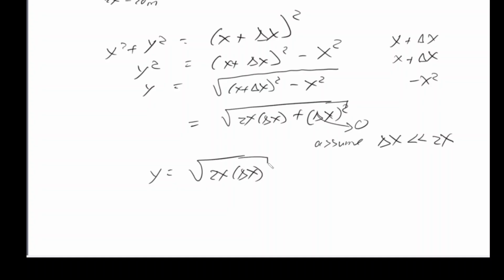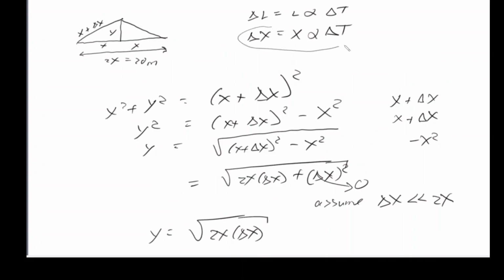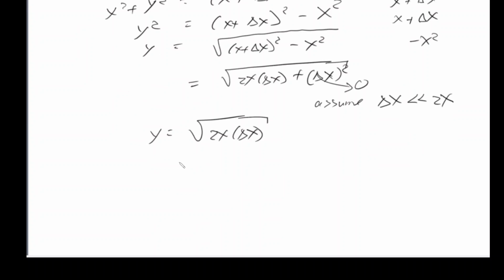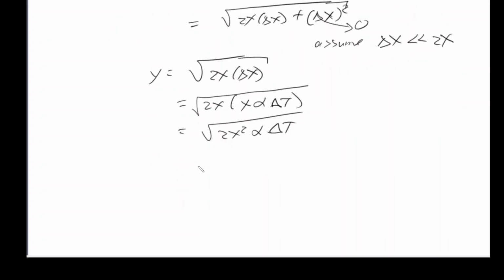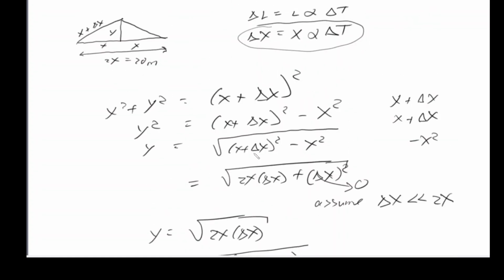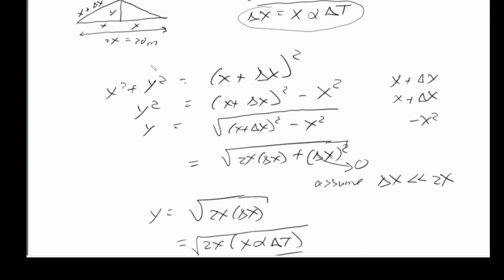Now, we also found that delta x is given by the equation for linear expansion. So this becomes the square root of 2x times x alpha change in temperature, or the square root of 2x squared alpha delta T. And if we put in these numbers, x is 10 because 2x is 20.